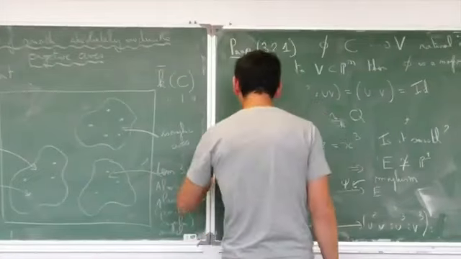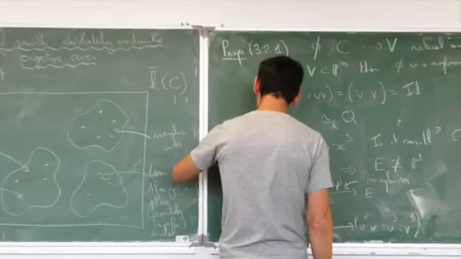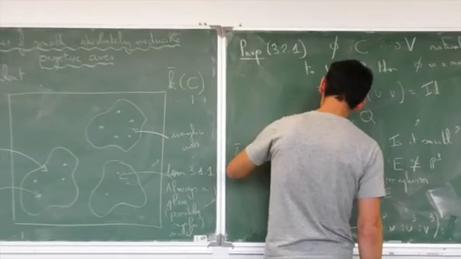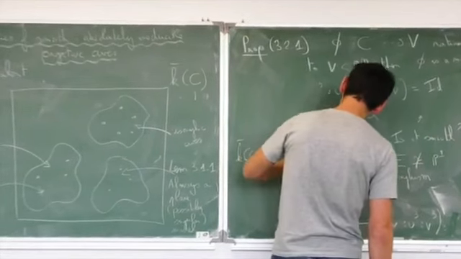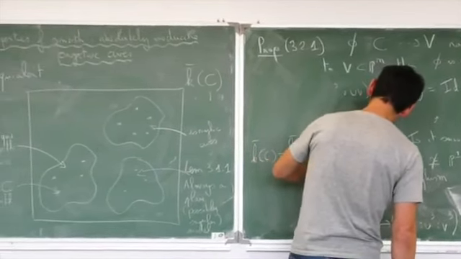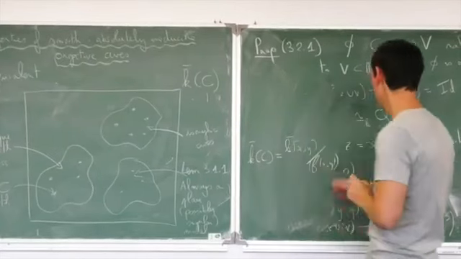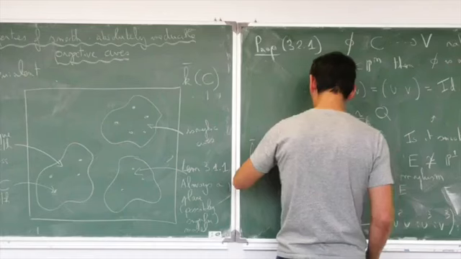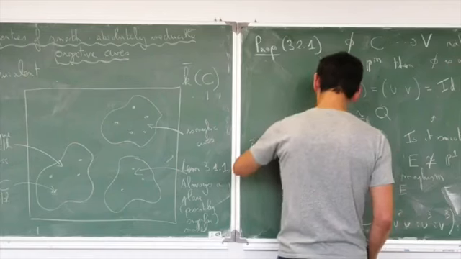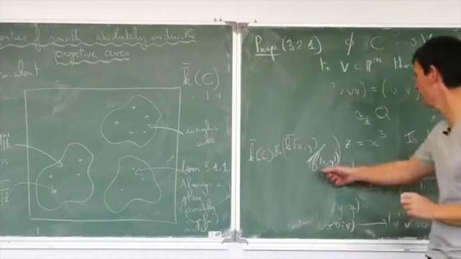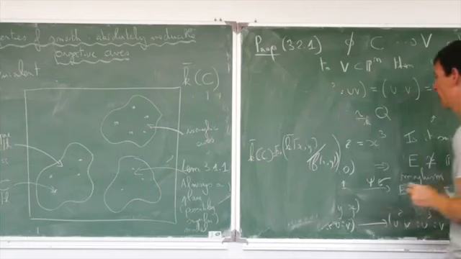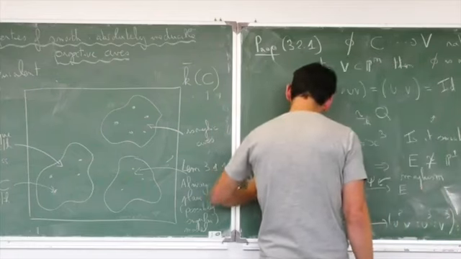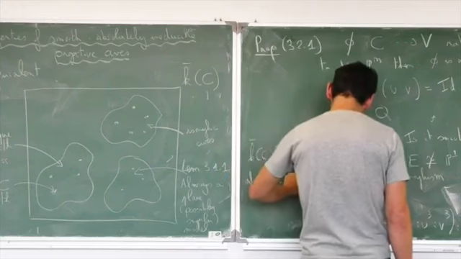What you have is actually that k bar of C is always the fraction field of k bar of x and y divided by an equation, where f is your defining equation, if it is a plane model.